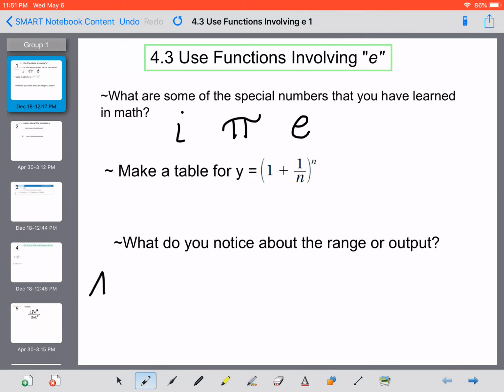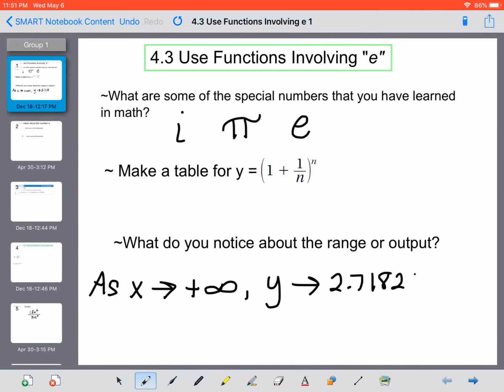So you could say as x approaches positive infinity, y approaches approximately 2.71828, and it's also an irrational number that goes on forever.